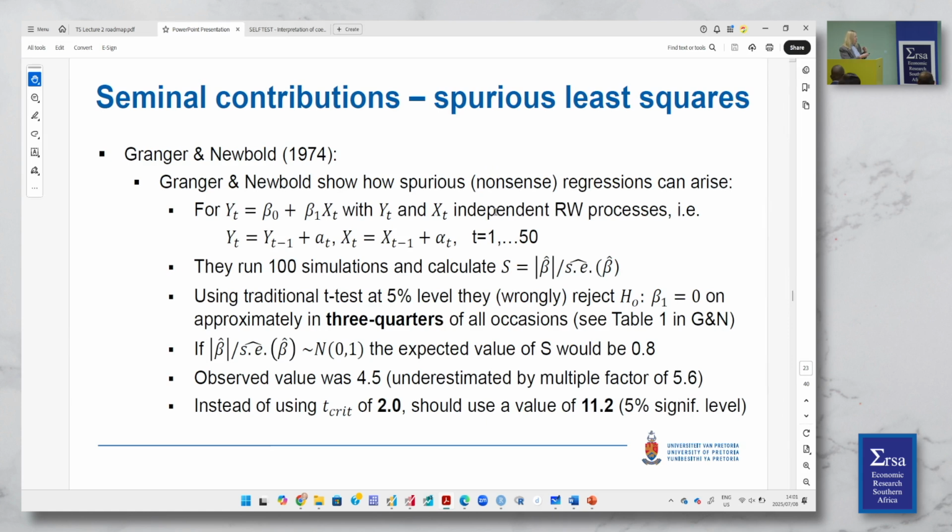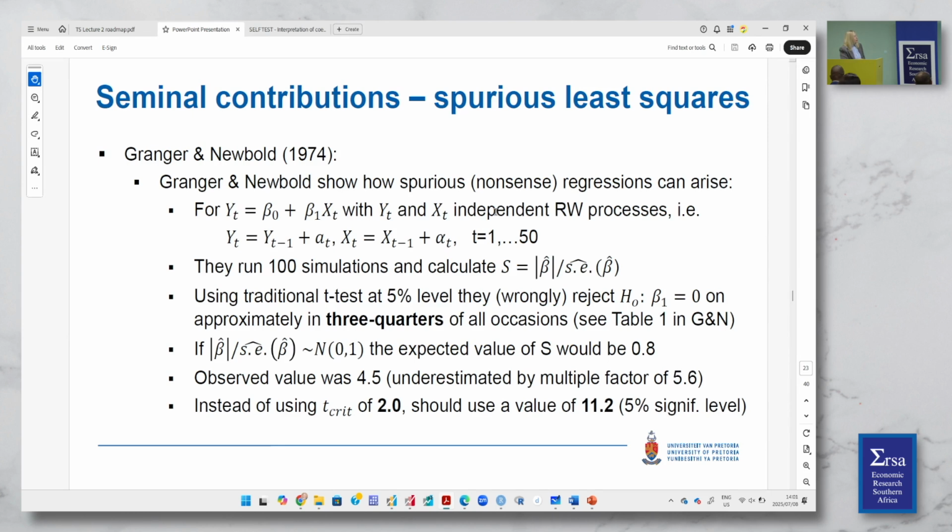But each time, this is a random walk, so it's like that orange and that blue line drifting. And then they ran 100 regressions and tested that they're independent of each other.